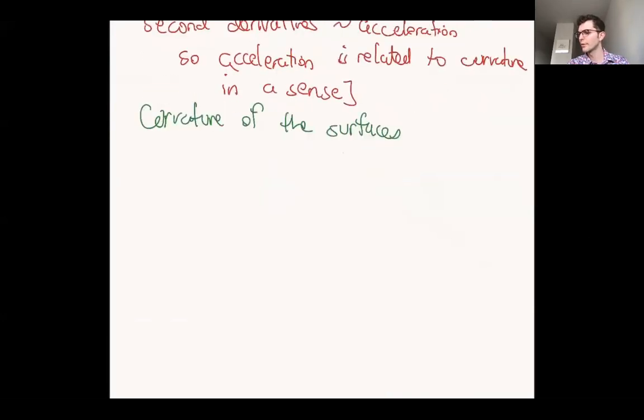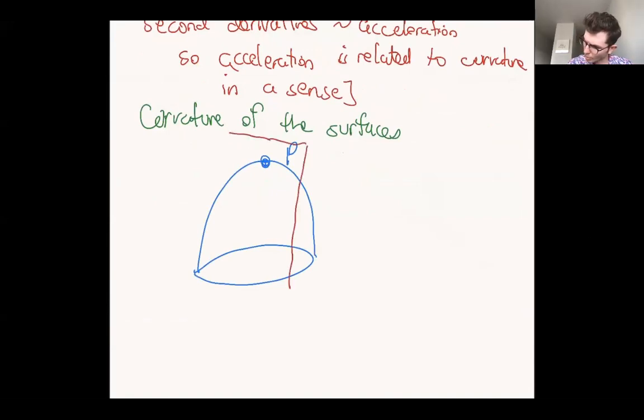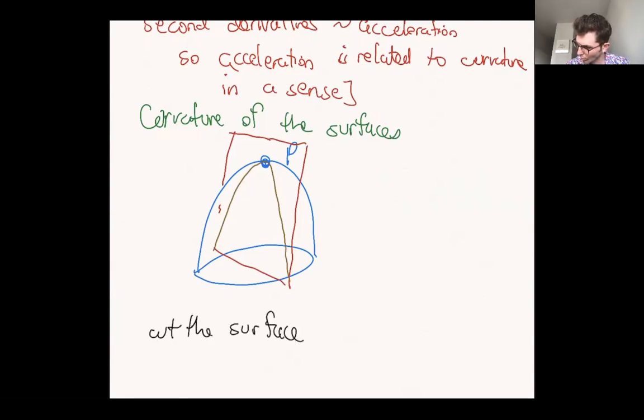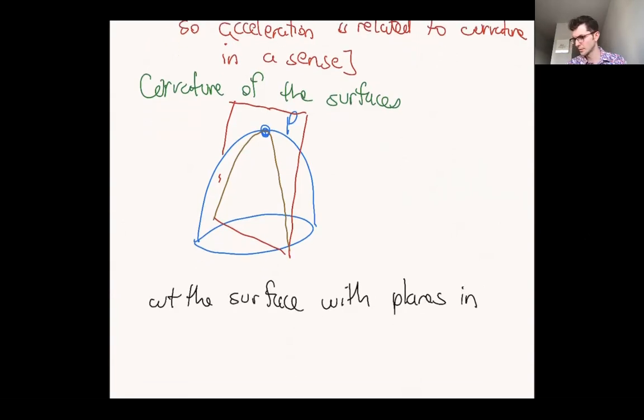The summary of what I was saying is that if you take a surface, you look at a point, you cut it with a plane, you get a curve on the surface. So what you do is cut the surface with planes in order to get curves.